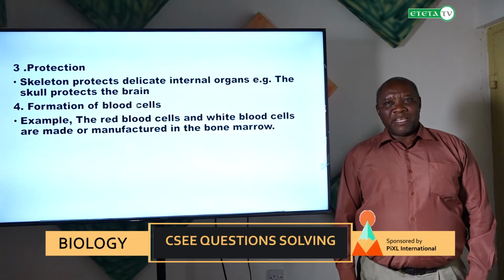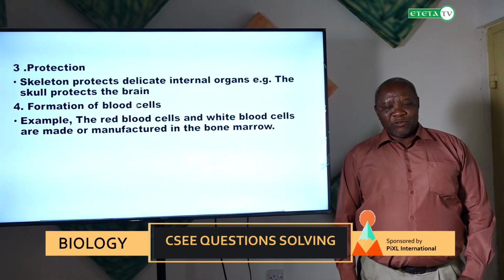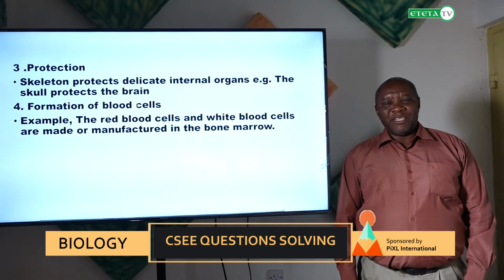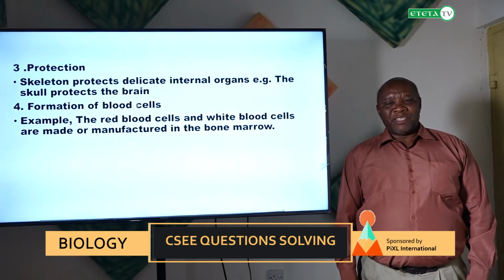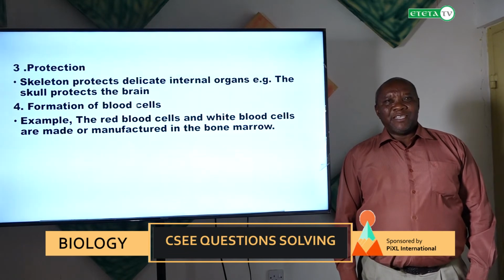The red blood cells are special for transportation of oxygen in the body, and the white blood cells are most important for fighting against pathogens. So in blood formation, the skeleton helps to make sure that red blood cells are manufactured in a good number in our body, and also that white blood cells are available for defence of the body.